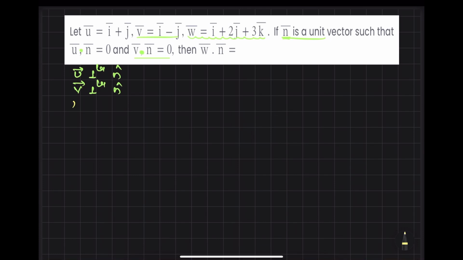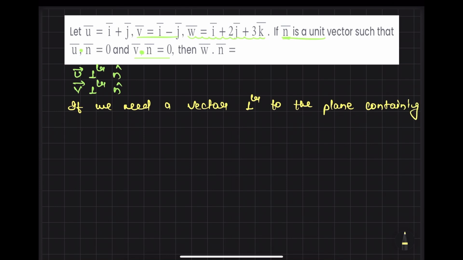The idea was, if we need a vector perpendicular to the plane containing vector A and vector B, because vector A and vector B can be drawn in the same plane, we should go with the cross product.